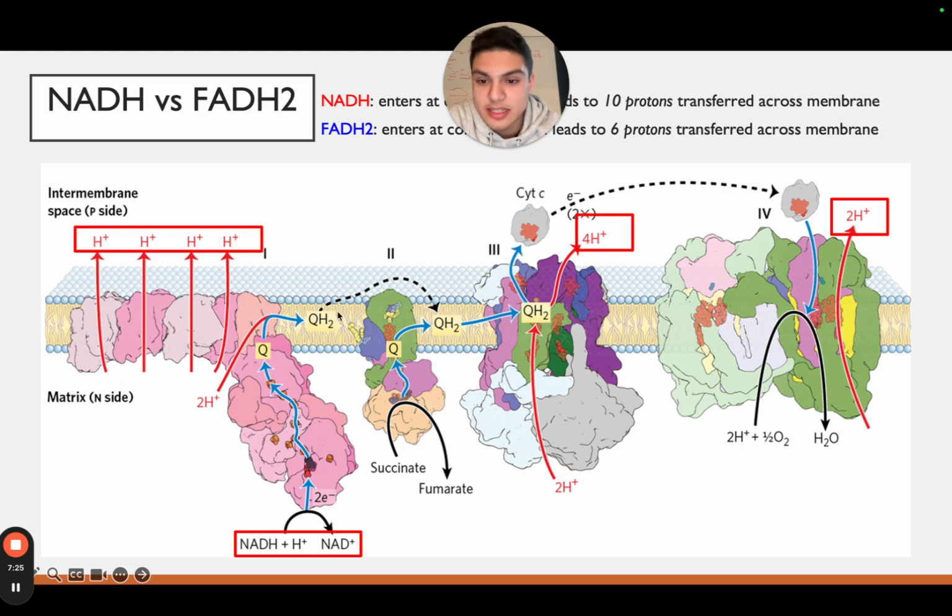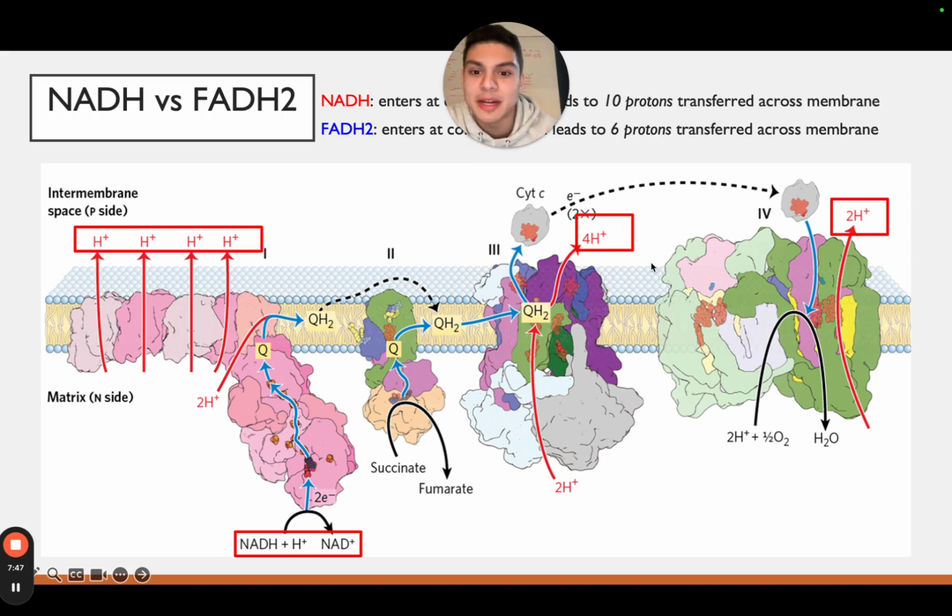Then as the electrons get passed on to complex 3, see this arrow, it's not saying that QH2 is going to complex 2 and then 3, it just passes 2 and goes straight to 3. Once it's at 3, it's going to, again, move the electrons to cytochrome C, and the 4 protons are going to be pumped again. From cytochrome C, we go to complex 4, in which, again, the last 2 protons are pumped through.